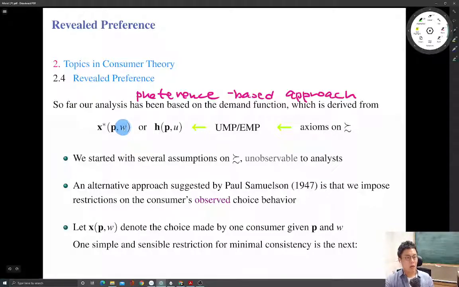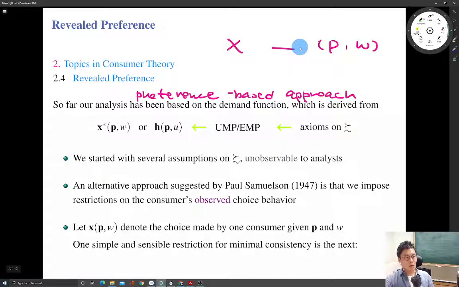And we can observe the actual choice made by the consumer. So we can think of the relation between the consumer's actual choice and these two observable parameters, P and W. Without the aid of the UMP, we can still think of the relationship between these two, and we can observe it from the data.